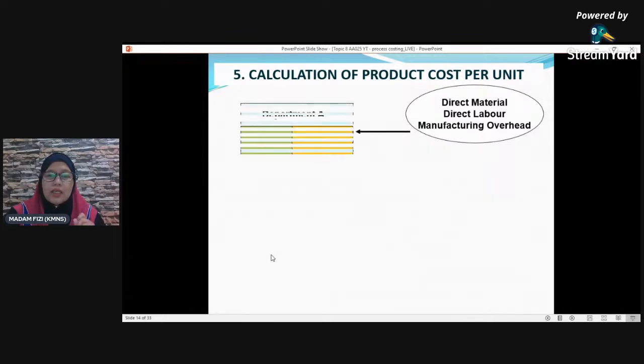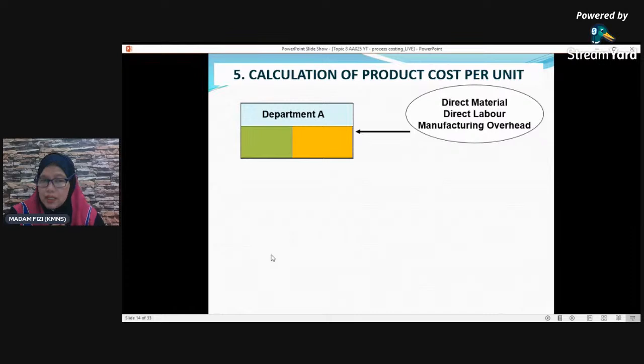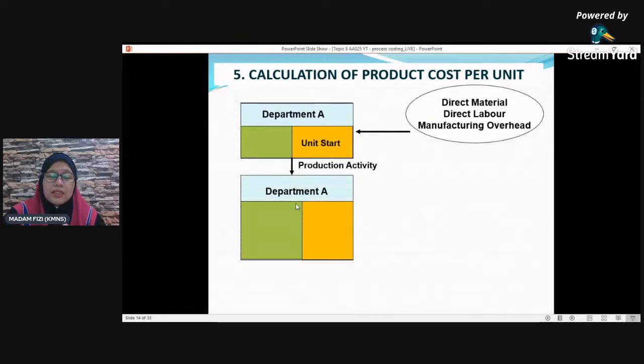Then kita pergi ke department A. Dekat department A, dia ada unit start. Bila dia buat kerja, that is the production activity, ada kerja yang dah siap, ada kerja yang tidak siap. Saya ulang. Bila kita dekat sesuatu department, bila dia buat kerja, ada yang siap, ada yang tidak siap.